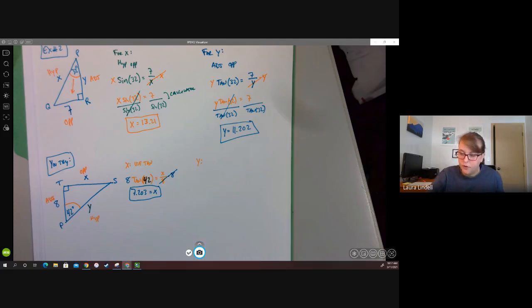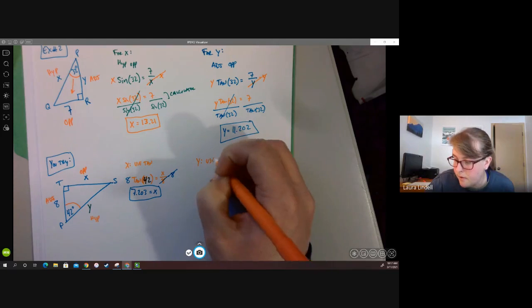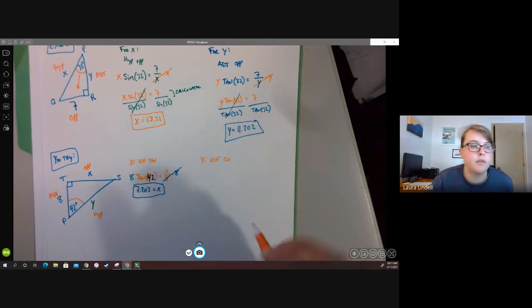For y, if you chose to use cosine, you're on the right track.